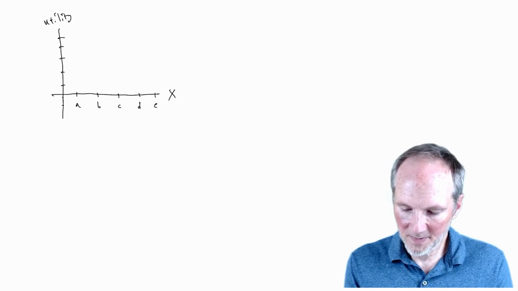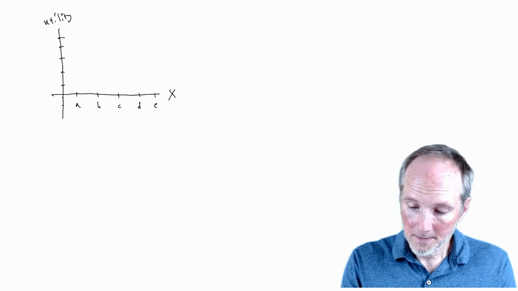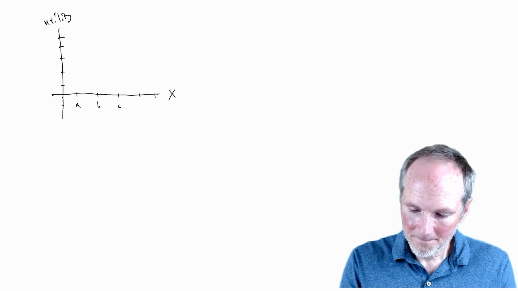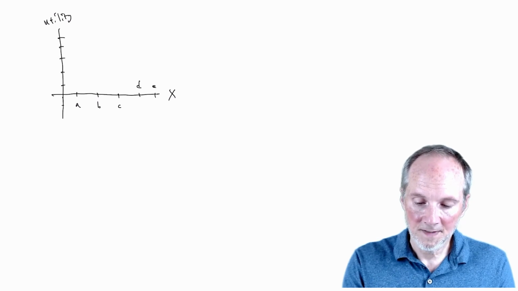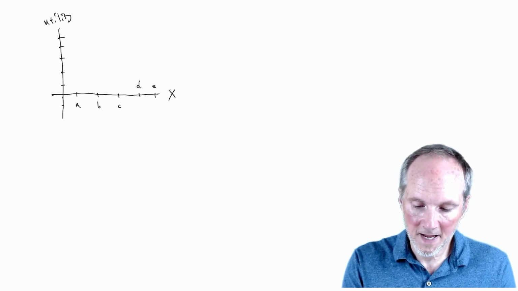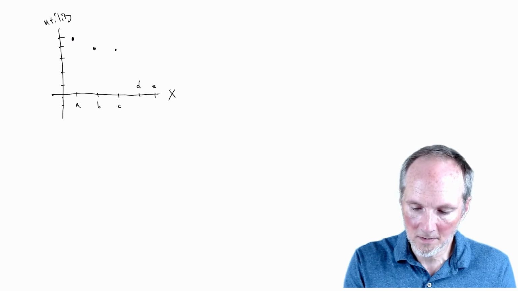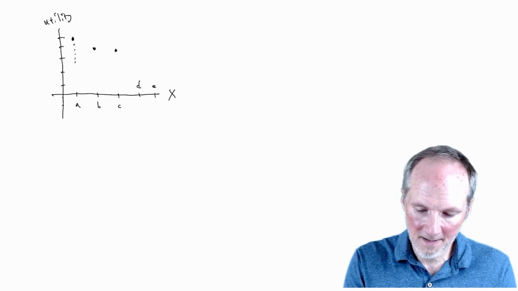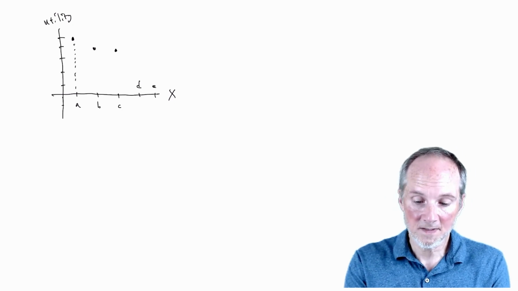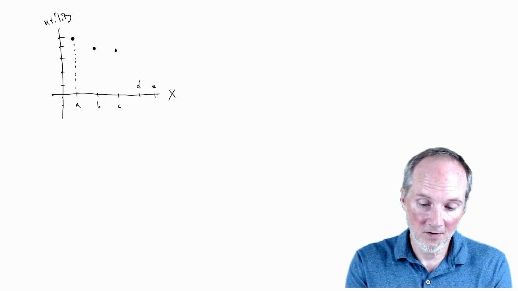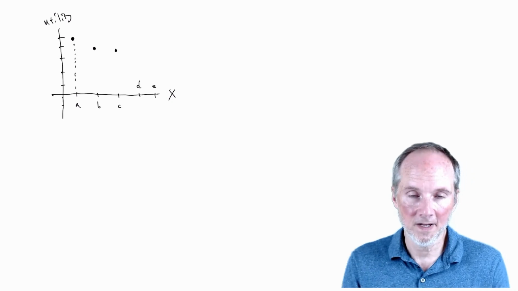It's going to be kind of messy, but anyway, let's do this. So in that first example of utility function, I gave A a utility of 5 and B and C had a utility of 4. And I can just indicate that by plotting points. This is the graph of the utility function, okay?